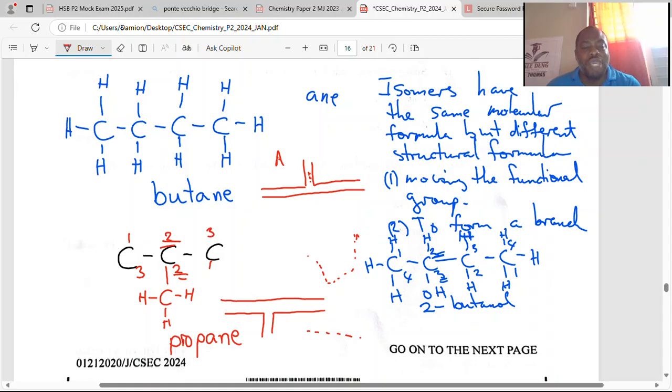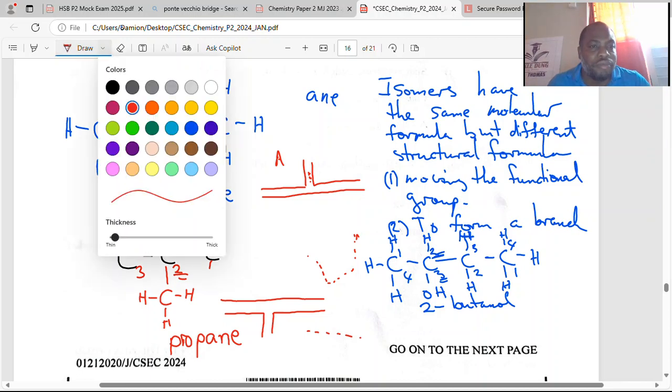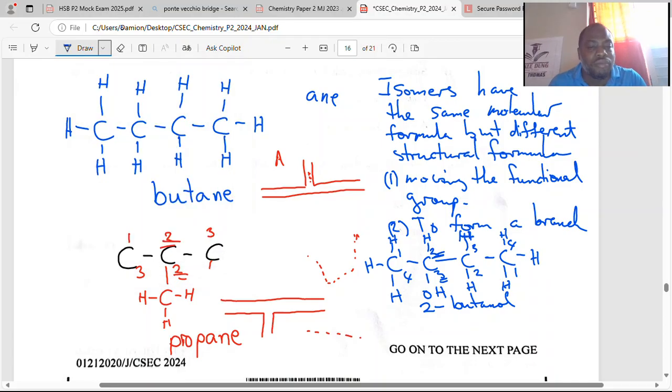Now, we have to tell persons where the branch is. We had to tell persons where the double bond is. We had to tell persons where the OH was. So it's the same concept. But you see, this little thing right here, what we call the branch, has a name.